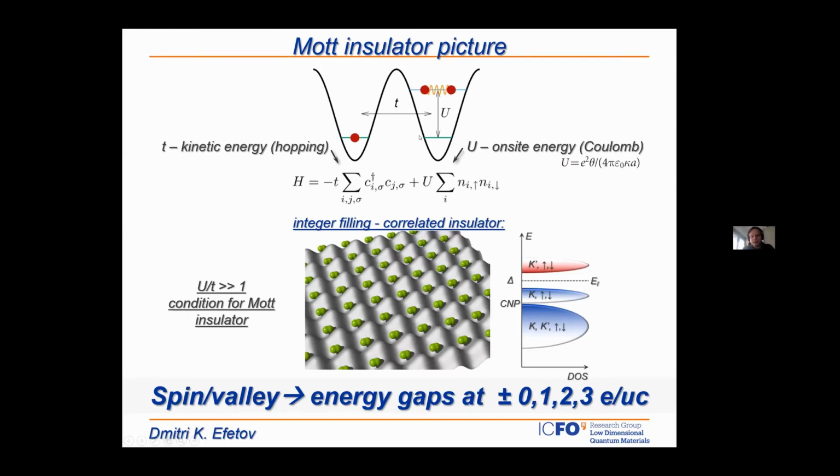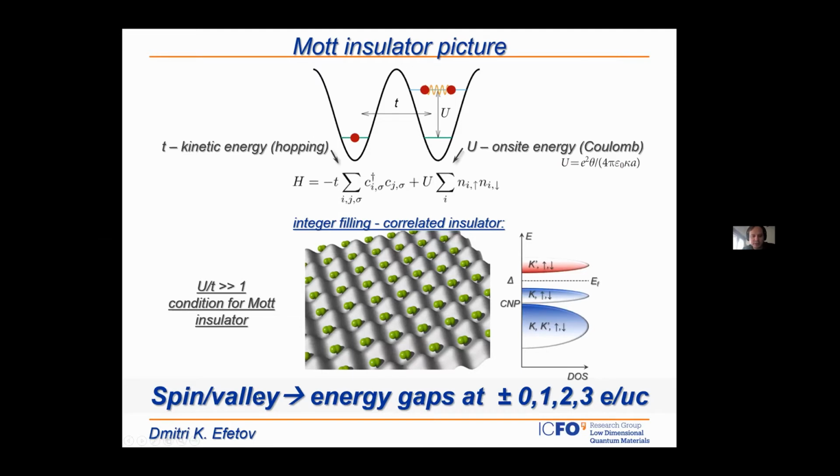So where the Coulomb energy is extremely high and the kinetic energy is relatively low, so this criterion that U over T is much bigger than 1, it is favorable for the system to localize the electrons in each lattice site and therefore form an insulating state, which is formed just due to this Coulomb interaction.